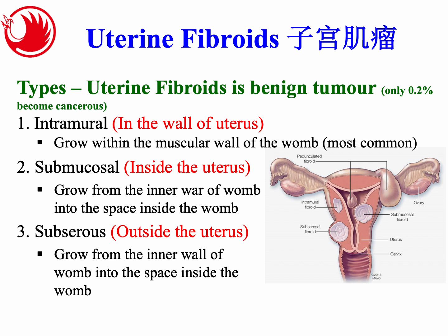The first one is the intramural fibroid. This fibroid grows in the muscular wall of the uterus. This is the most common type of fibroid and can cause symptoms such as heavy menstrual bleeding, pelvic pain, and pressure over the area. The second one is the submucosal fibroid.